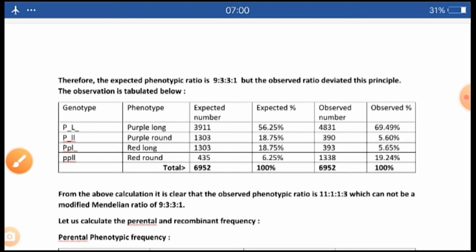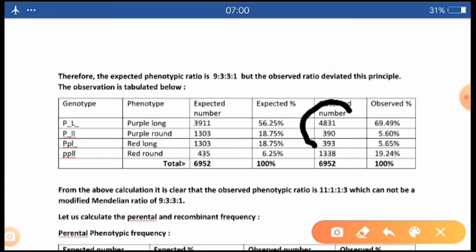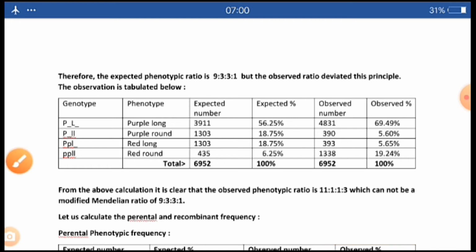But here the case resulted in another way. 4831 is to 390 is to 393 is to 1338 equals 11 is to 1 is to 1 is to 3.